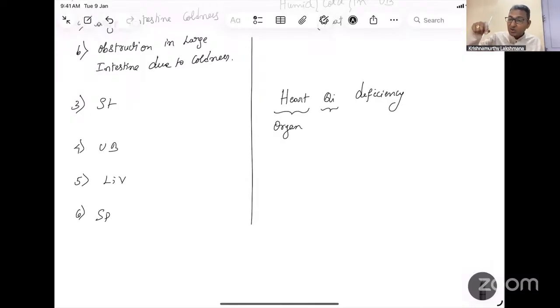Is it yang? Is it coldness? Is it hotness? Whatever it is, it is the energy. What is the energy which is disturbed in the organ? The organ has to be selected, and next, the energy disturbed in the organ. And next, it is the degree of disturbance.